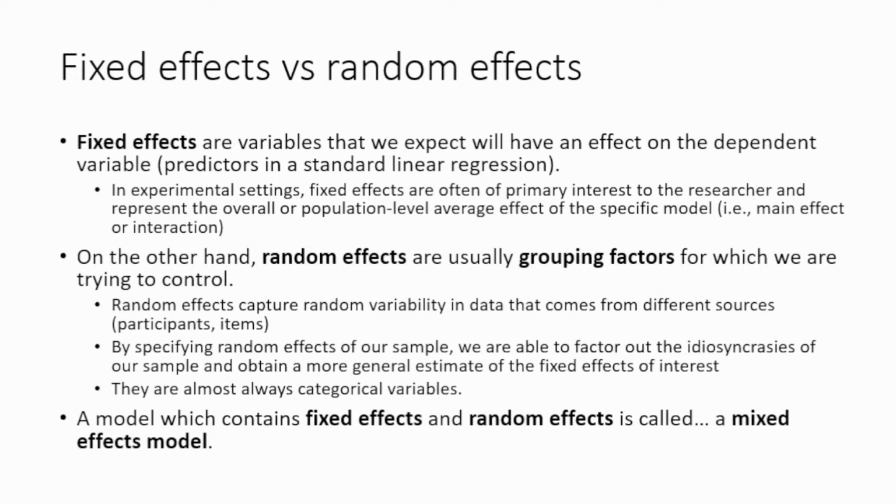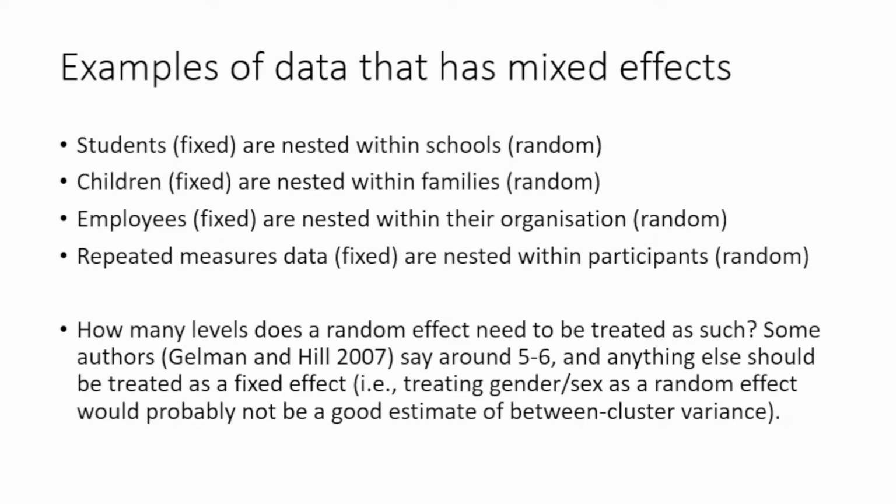Okay. So I said that mixed effects models are data dependent. Some examples of data that has mixed effects would be that students, which is the fixed effects, are nested within schools, which would be a random effect. Children, fixed, are nested within families, random. Employees, fixed, are nested within their organization, random.